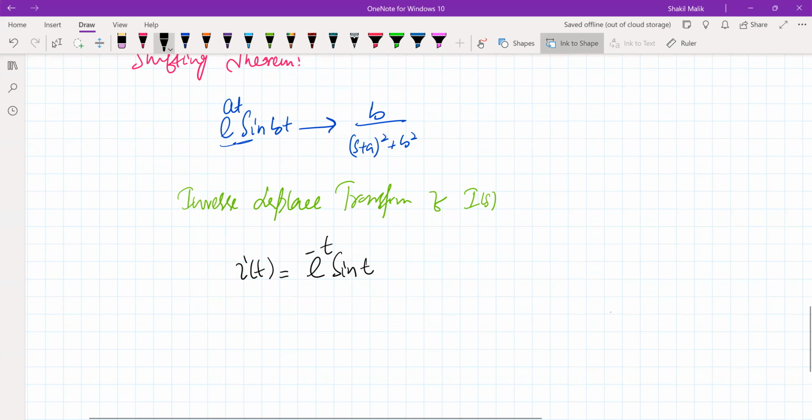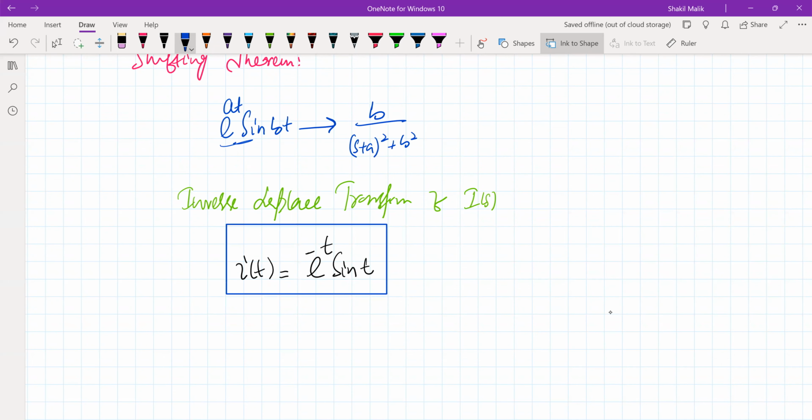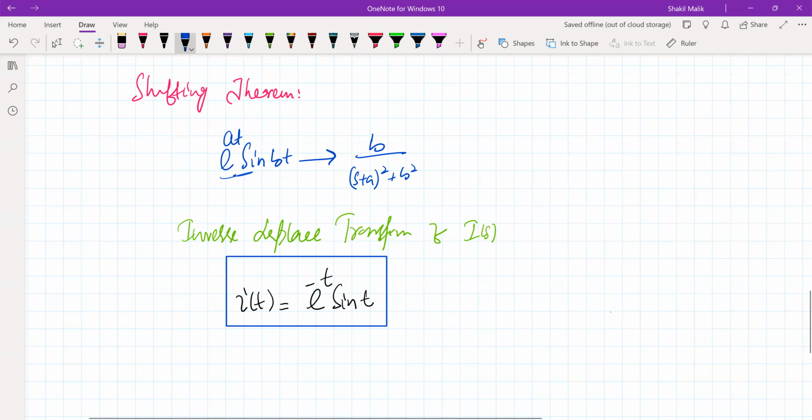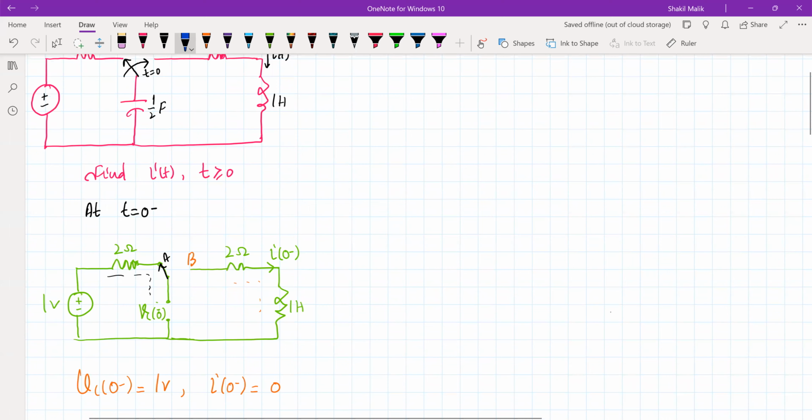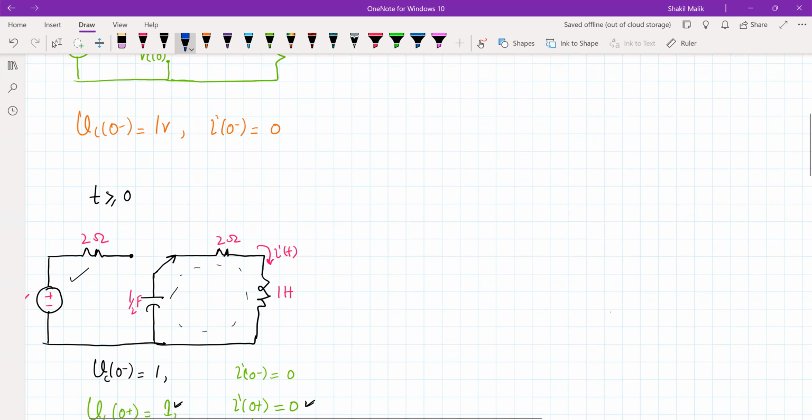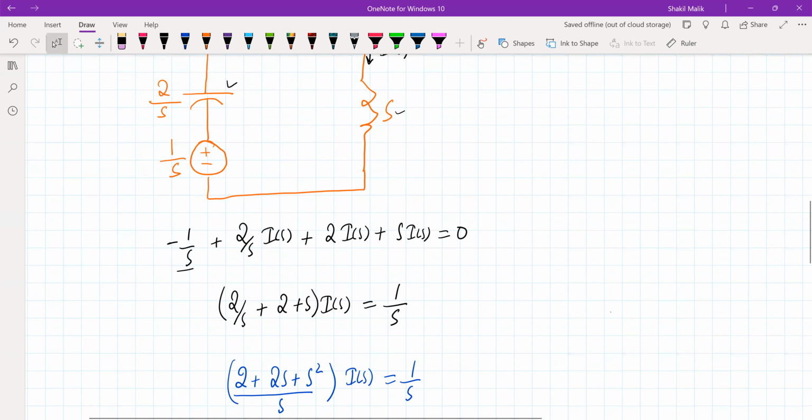So this is the current flowing in the network after we change the position of switch from A to B, that is, from 1 to 2. And what did we use?